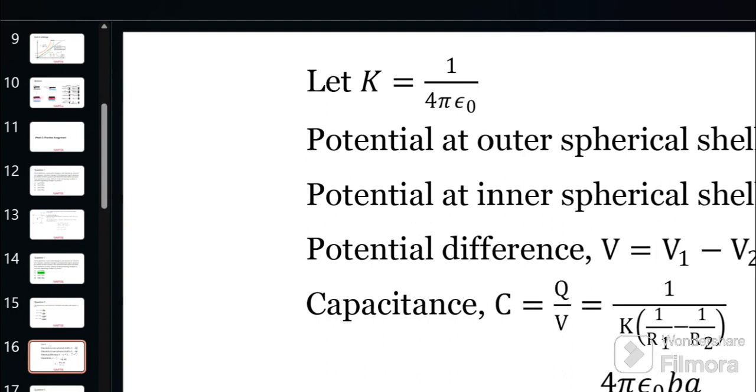Then we find the potential at each shell. Q is equal to CV, so C is equal to Q by V. Using that, we find the potential at each shell, considering they are separate from each other, then we get the potential difference and substitute it into the capacitance equation, and we get the following relation.